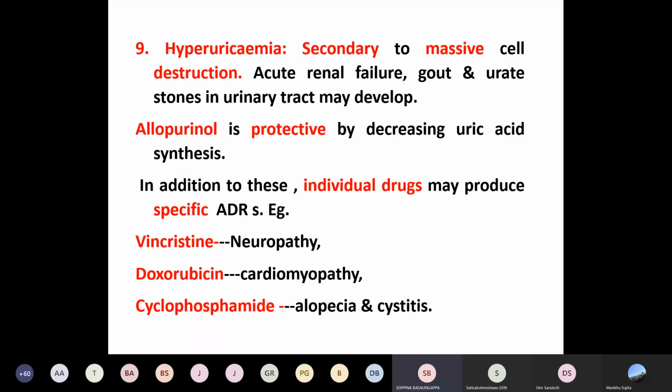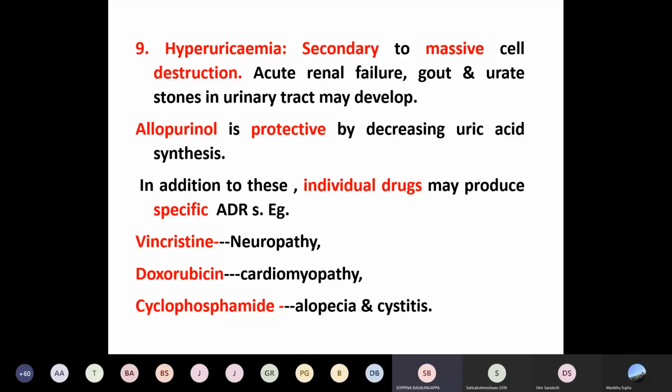Then hyperuricemia. You know, these drugs are cytotoxic. They will kill the cells, so there is massive cell destruction, and as a result the products of cell destruction cause hyperuricemia.